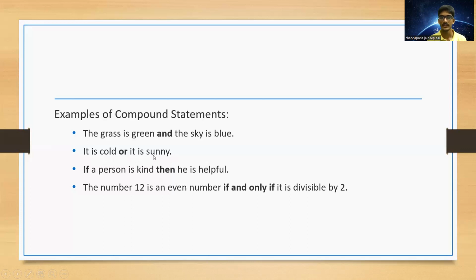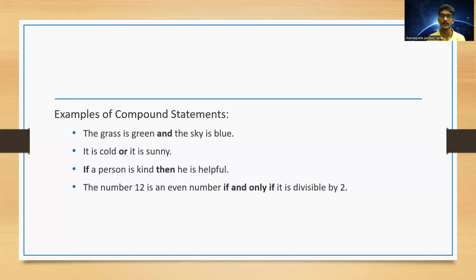These two statements are connected using the connective or. By combining both statements, the compound statement is it is cold or it is sunny. The meaning is it may be cold or it may be sunny.